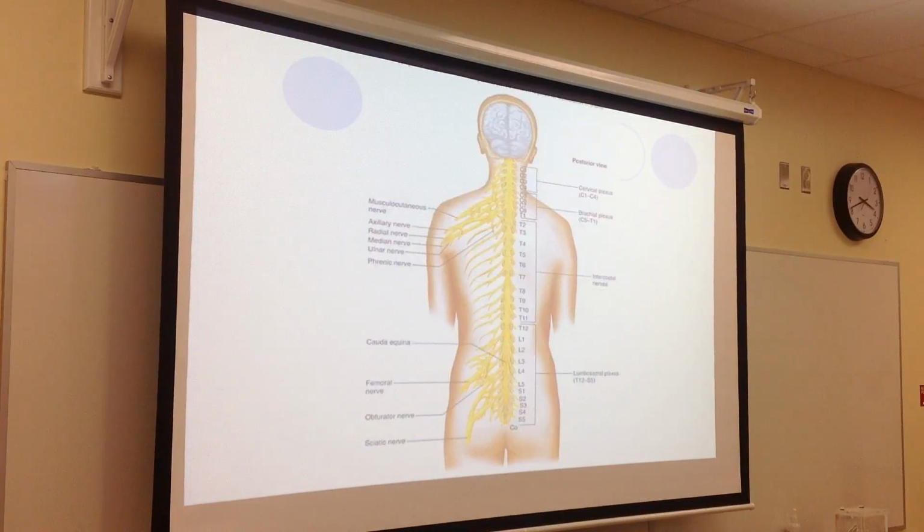Good heavens, yes. And here we have, on the left side of the diagram, you can see the plexes, and you can see then that nerves are arising from the plexes. And that's the whole idea, to redistribute fibers so that given nerves contain fibers from several different spinal nerves. Okay?